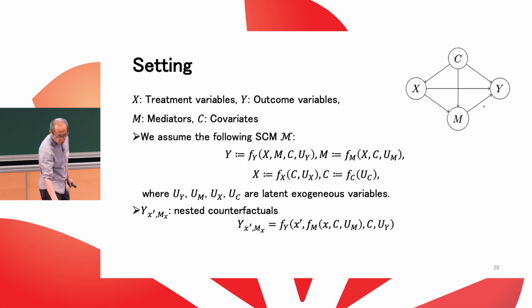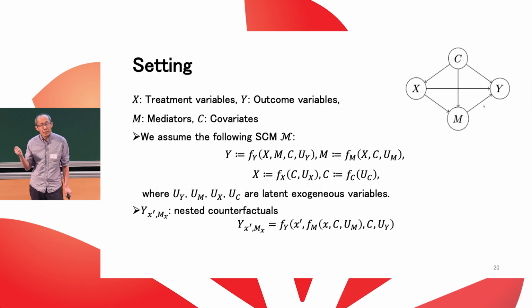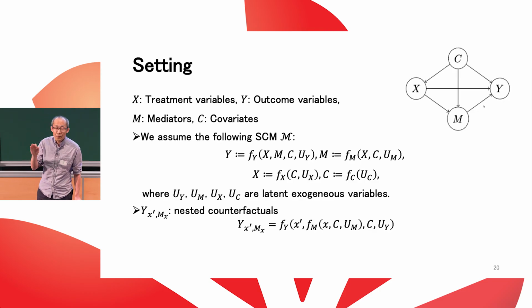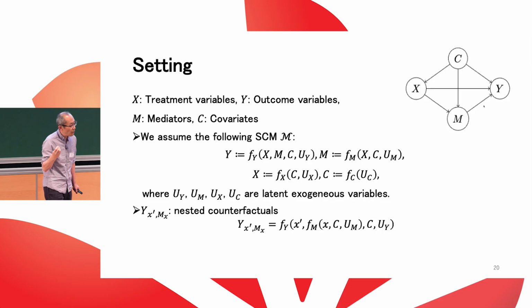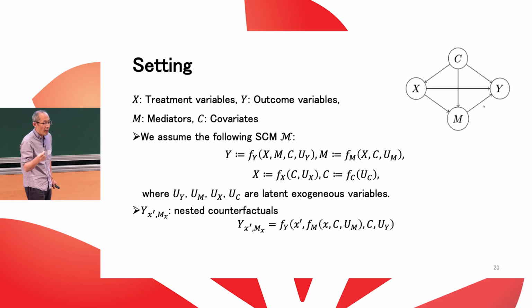So that's the goal of mediation analysis. If you assume the models are linear, these direct effects or indirect effects are straightforward to define. You just look at the path coefficients and you can define direct effects and indirect effects.